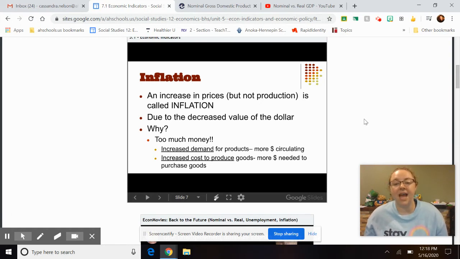Demand would increase too much, to the point that it would cause major scarcity and underproduction. And the whole goal here is to keep the equilibrium happy for suppliers and for consumers. And so what happens is we have to increase prices to keep up with the decrease in the dollar value.